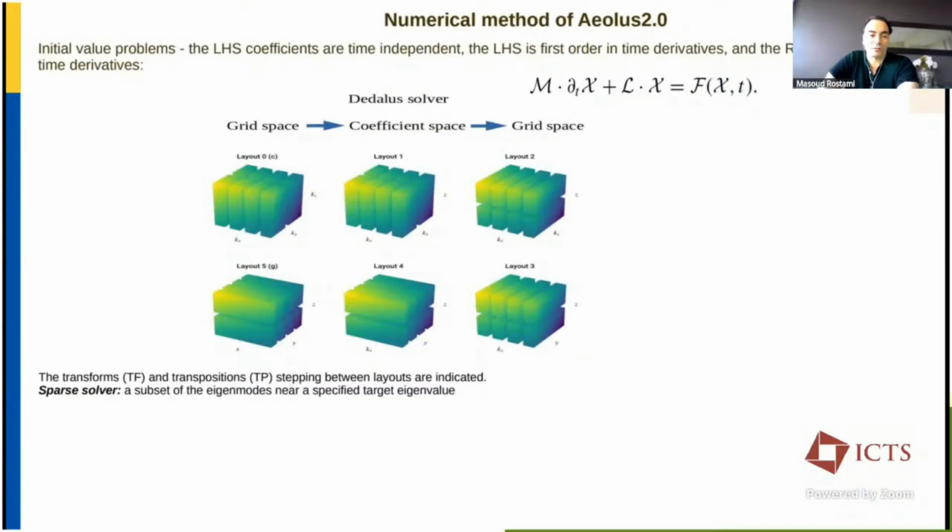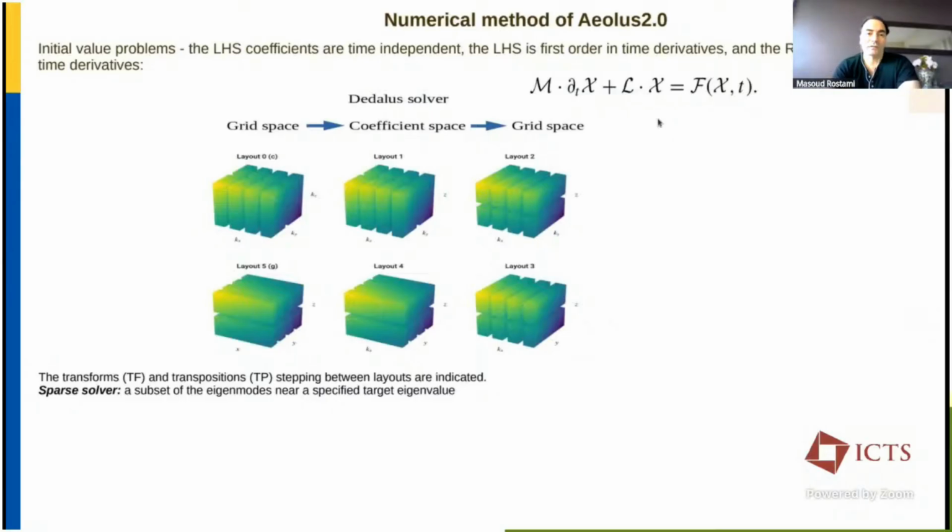So we have transforms, it works in parallel, and we write the equations in a matrix form or flux form.